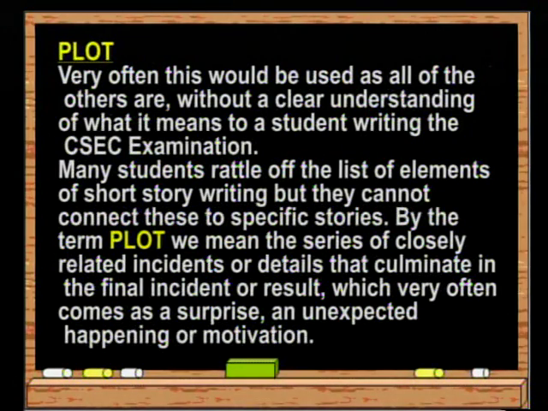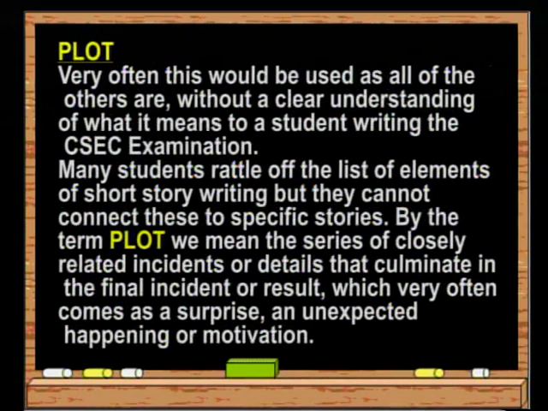Very often, this term would be used, as some of the others are, without a clear understanding of what it means, to a student writing the CXC examination. Many students rattle off the list of elements of short story writing, but they cannot connect these to specific stories.